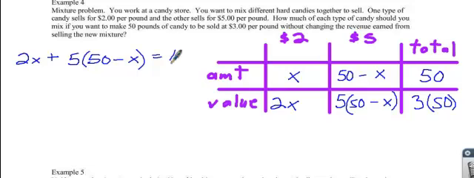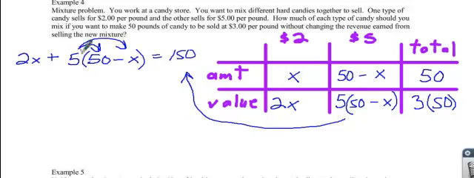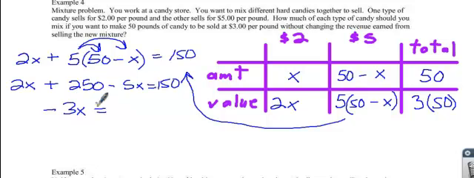And I'll write 150 now because we know how to multiply 3 times 50. And then I distribute, just like we did before. I get 2x plus 250 minus 5x equals 150. 2x minus 5x is negative 3x.